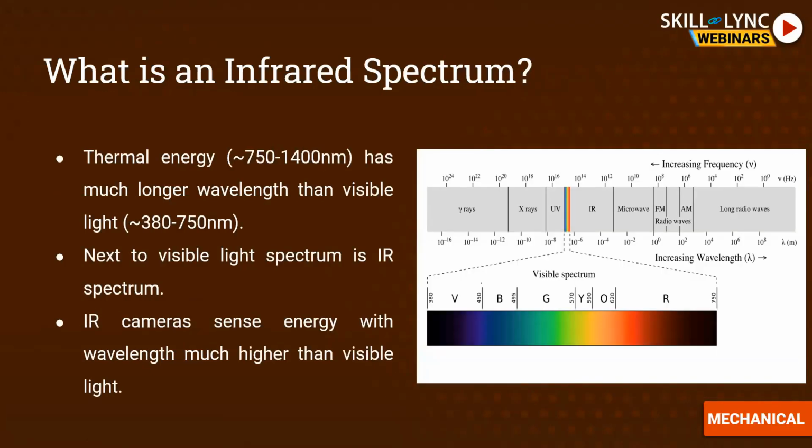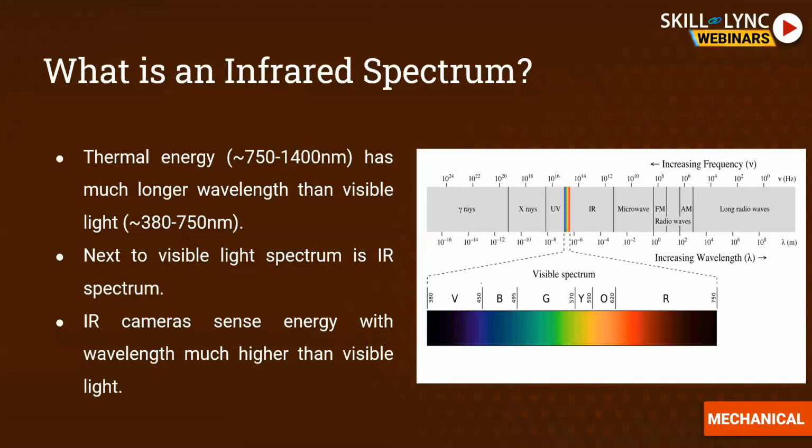Now, what is the infrared spectrum? This is all high school physics that we have all studied. The infrared spectrum is just next to our visible spectrum, the one that we see daily, the VIBGYOR, and it has a wavelength of around 750 to 1400 nanometers, which is longer than what we see in our daily lives, that is 380 to 750 nanometers.